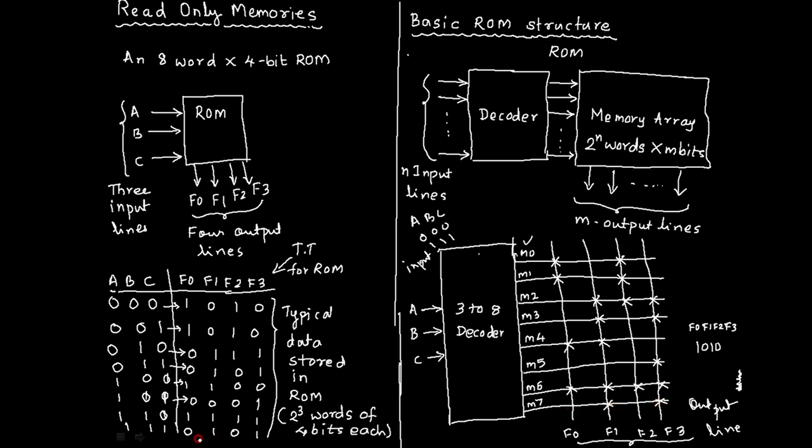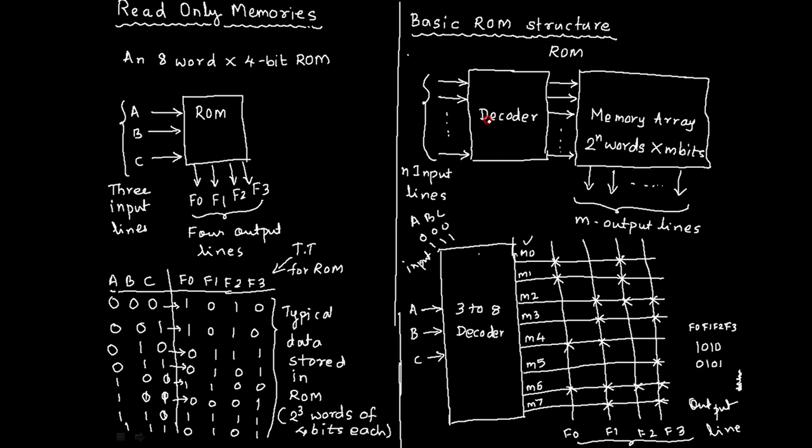If you observe the truth table also, for the 1 1 1 combination, the value stored will be 0 1 0 1. So F0 will get 0, F1 will get 1, F2 will get 0, F3 will get 1. So these are pre-programmed values.